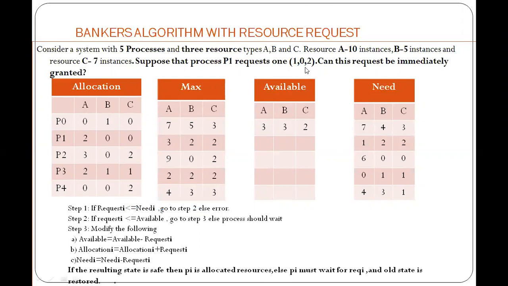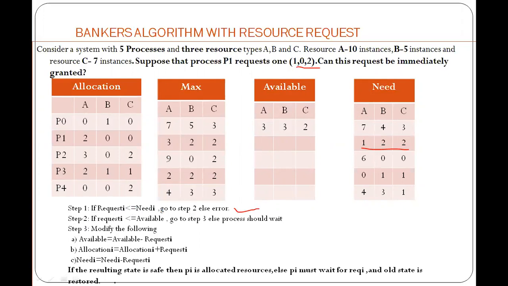Definitely the need should always be greater than or equal to the request, right? So let's check with P1's need. P1 need is 122, which is definitely greater than 102.